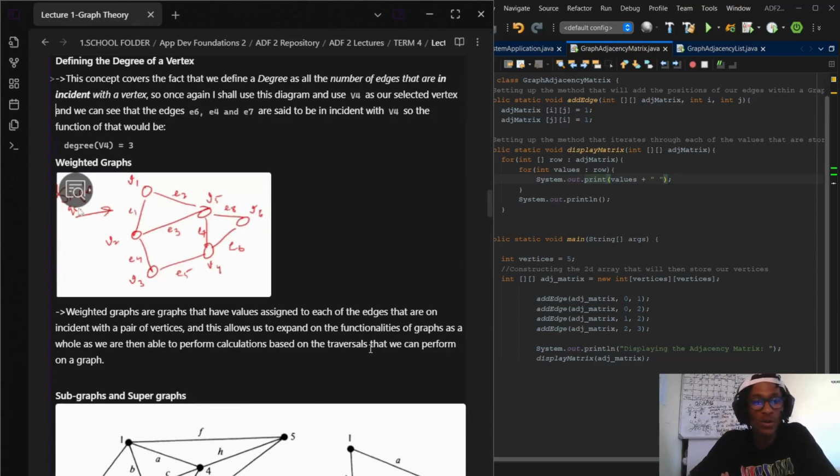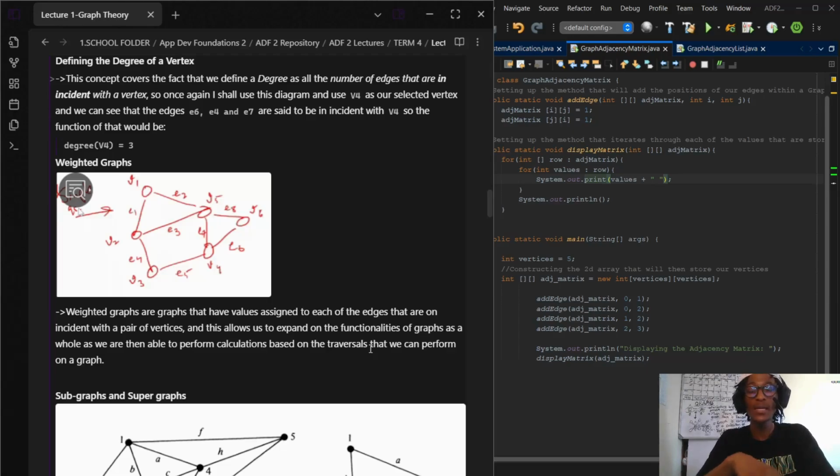And then weighted graphs are about understanding that since we have components of a graph, the edges and the vertices, we can then apply values to the different components, whether it be the vertices or the edges. We can say that each vertex has a value of 10.